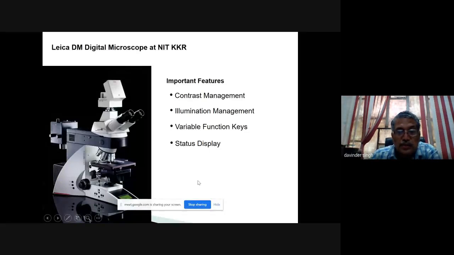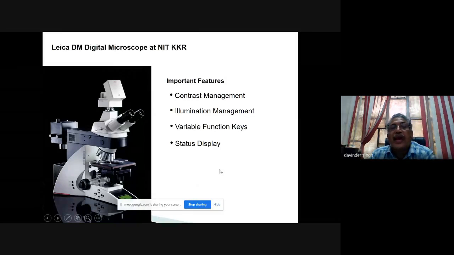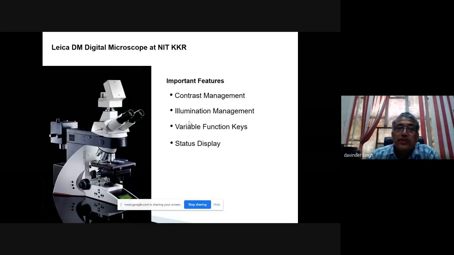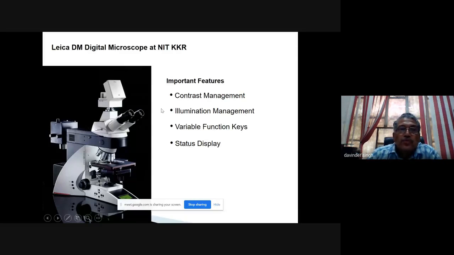Just to show what we have at NIT Kurukshetra, maybe you can think of doing sample scanning here. This example of an optical microscope is a Leica DM digital microscope, which has important features: contrast management, illumination management, functional keys, and a lot of display.